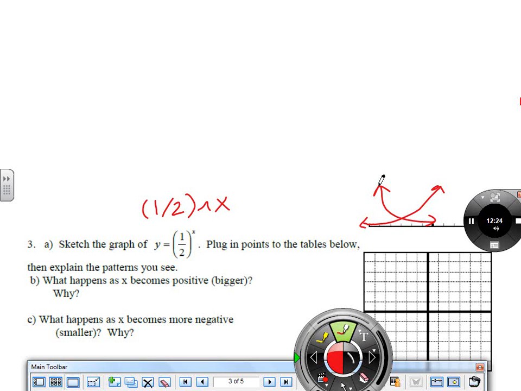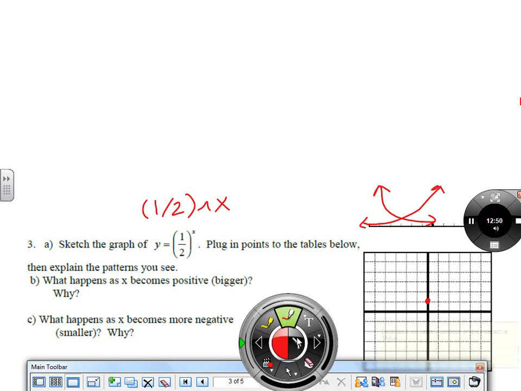Okay? All right. So what else? What about some specific points on this graph? What happens here, Julia? Good. So it still has the point 0, 1. Okay. What else? Matt? Good.